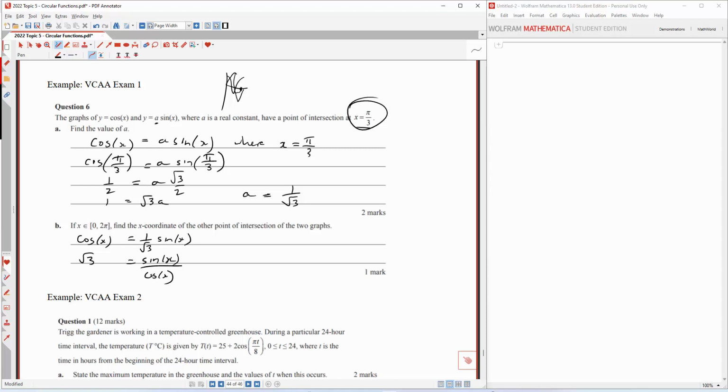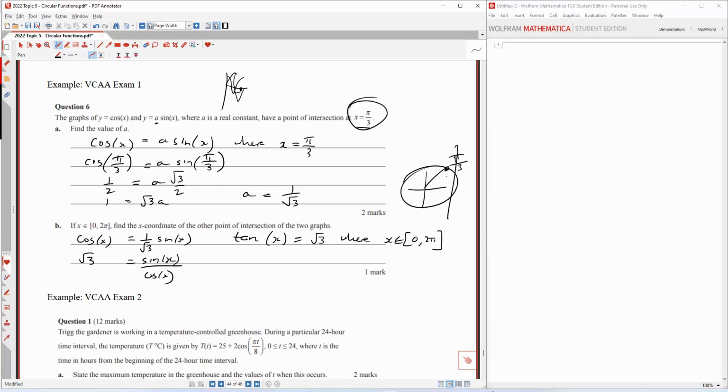Now sine on cos is tan, so we're solving tan x is equal to root 3, where x is an element from 0 to 2 pi. Alright, so when is tan root 3? It's going to be at pi on 3, of course, we know that.